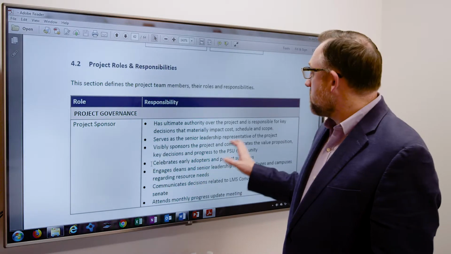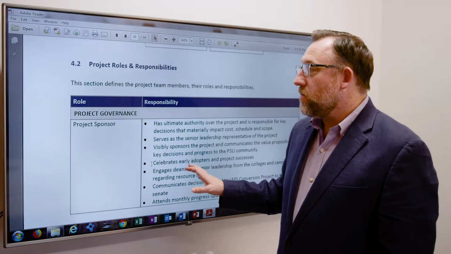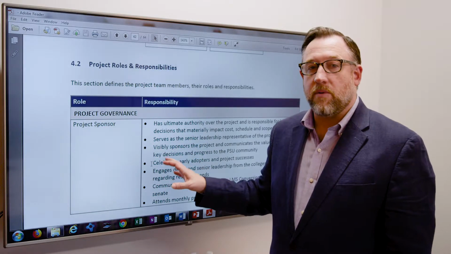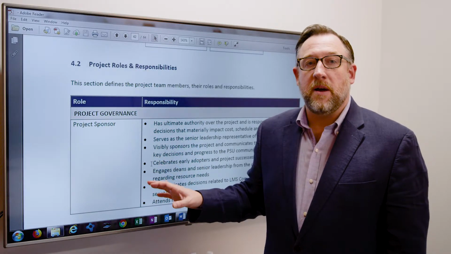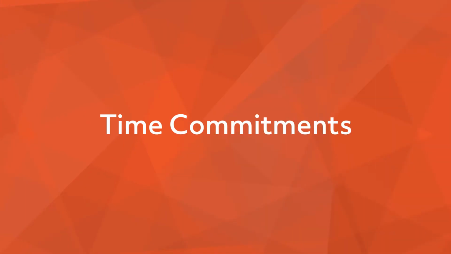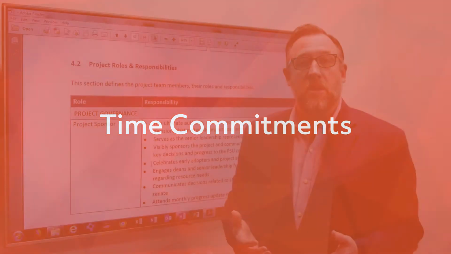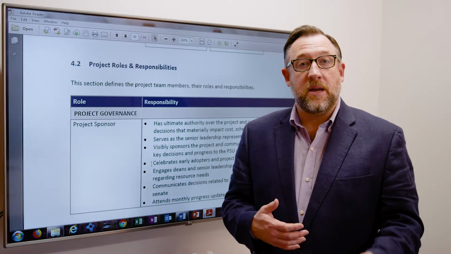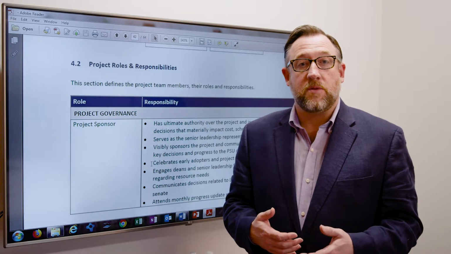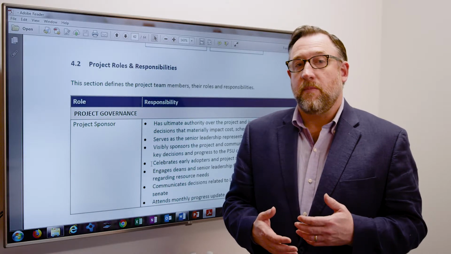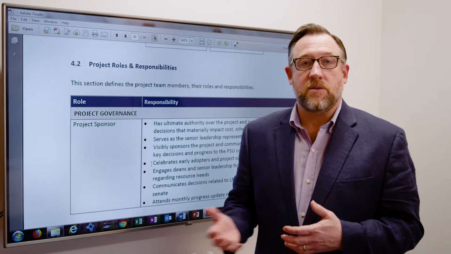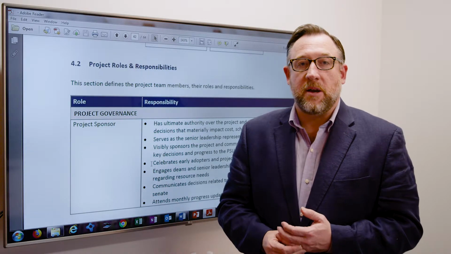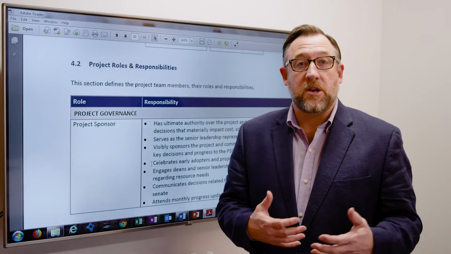But the thing that's really most important that we include when we pull together a project charter is that we also define the FTE, the full-time equivalent: how much time needs to be dedicated to the project by that resource. That is a critical piece of information that we always include in our project charters, because it helps you define how much you actually need.